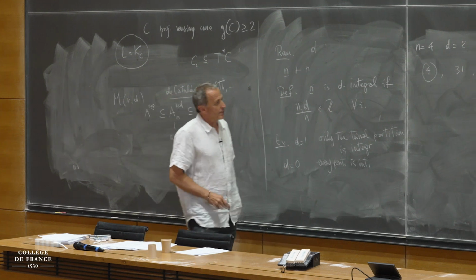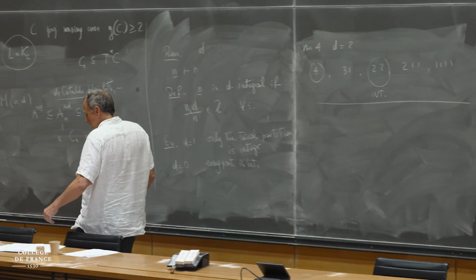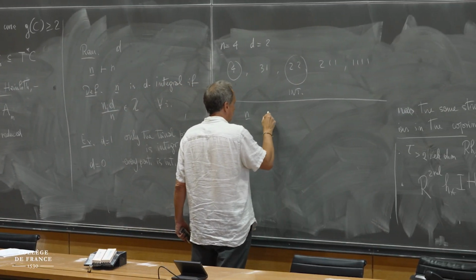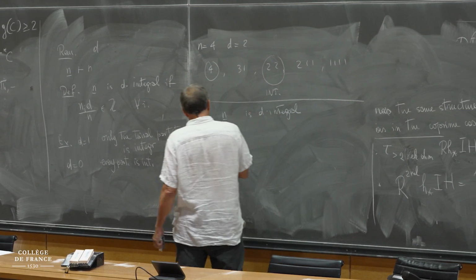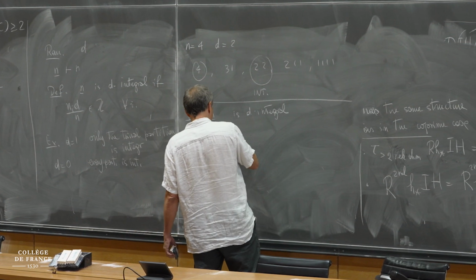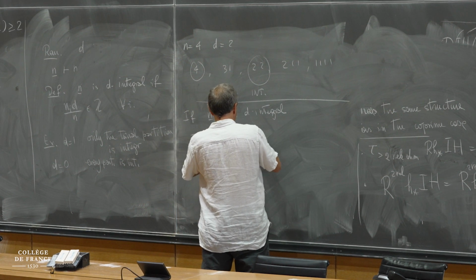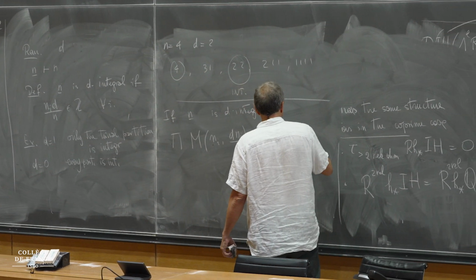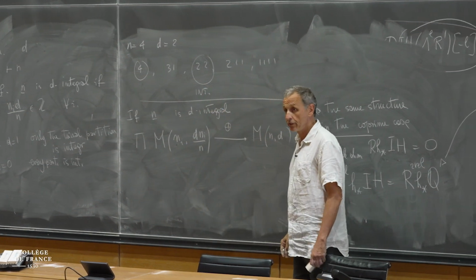So this notion has an obvious geometric relevance, because if the partition is d-integral, I can consider the product of the Hitchin moduli spaces M_{n_i} with rank n_i and degree d n_i over n, and map it to the big moduli space by the direct sum operation.